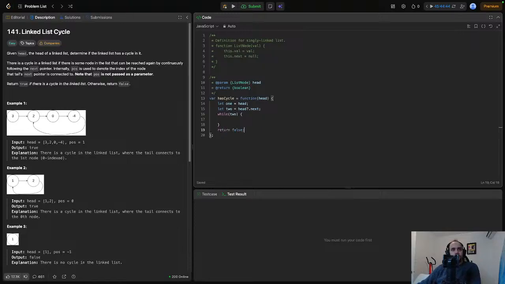And if we reach the end and there's no cycles, I'll say if one equals two, we'll return true, there is a cycle. And then we'll say one equals one.next, two equals two.next.next.